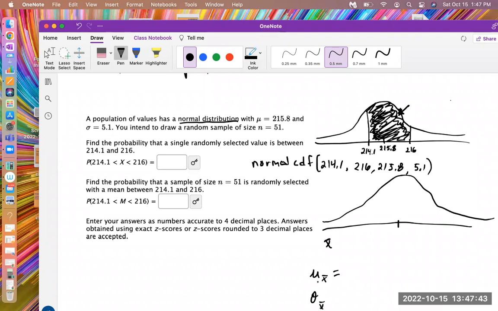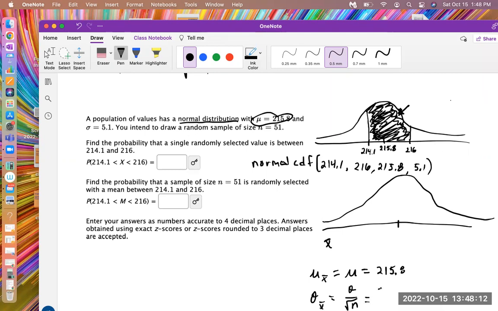So mu of the mean of the distribution is just going to be equal to the mean of the original distribution. That's just the one they gave you in the beginning. That's equal to 215.8. That's convenient, right? And then this standard deviation is going to equal the original standard deviation they gave you, but divided by the square root of n.